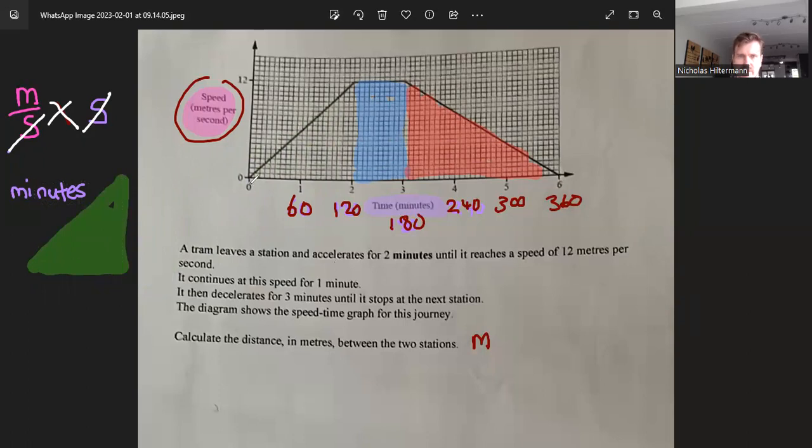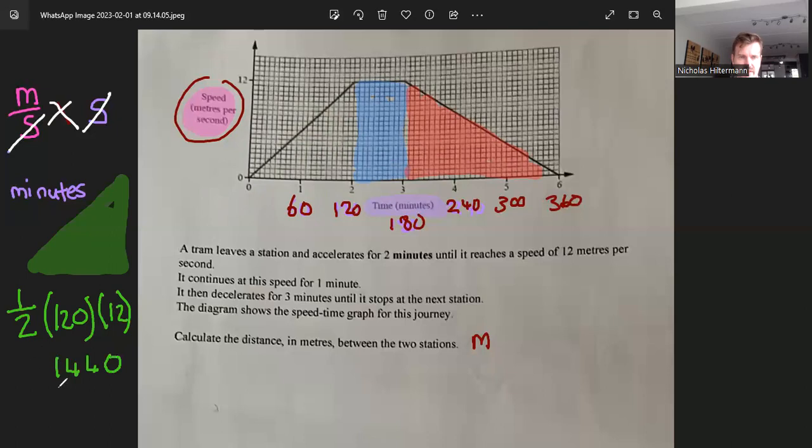So there's my triangle. Let me do that first. Well, what is the base in seconds? 120, right? And the speed is 12, and it's a half. A triangle is half base times height, so the base is 120 times the height, which is 12. So 120 times 12 is 1,440. 12 times 12 is 144 with a 0.